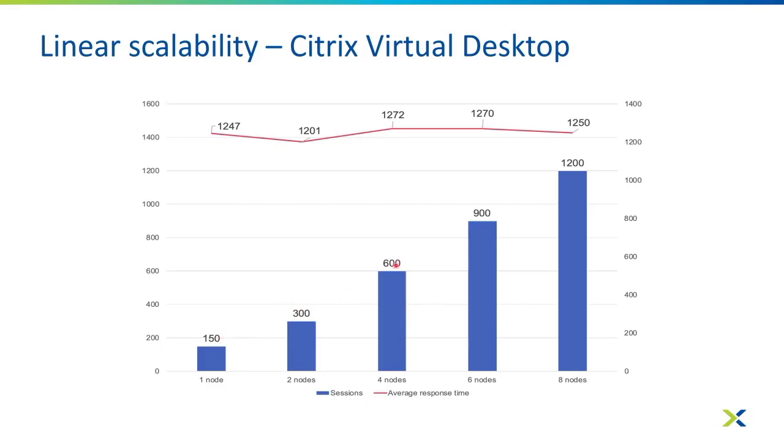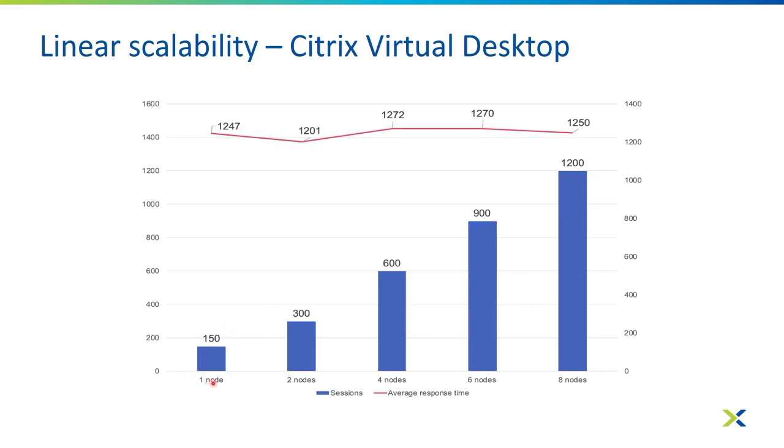So we see a linear increase in the number of users, going from 150 to 1200. What we also see is that the response time stays pretty much the same across that deployment.